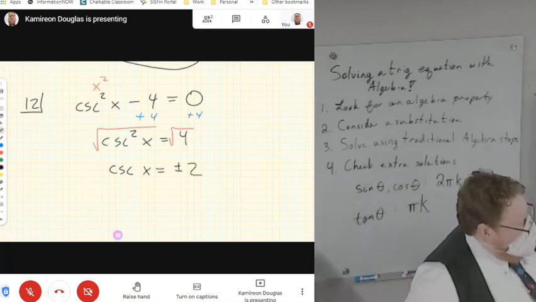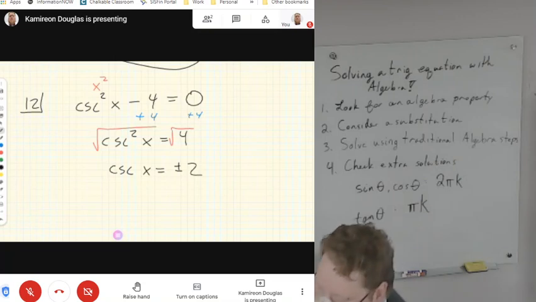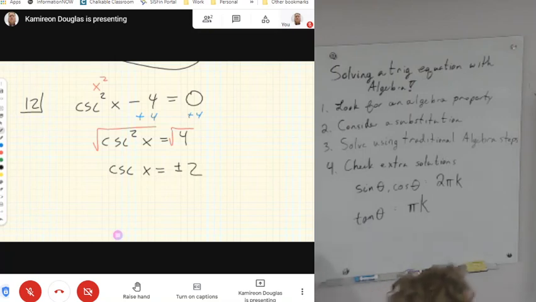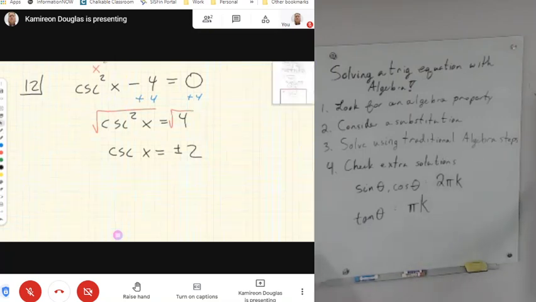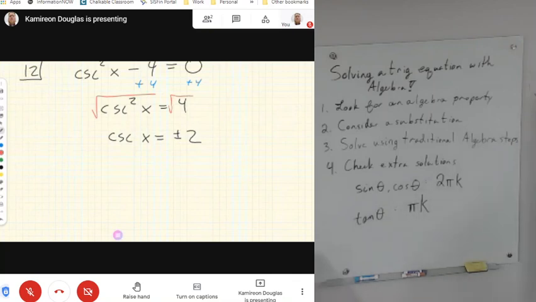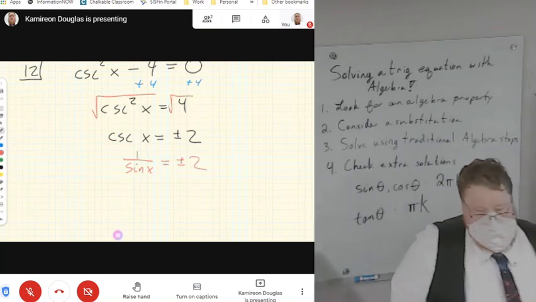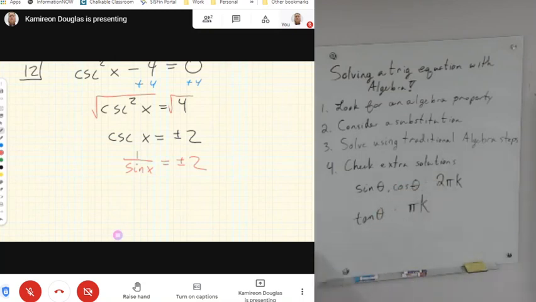Now this right here is really kind of a pain to do because we're not as comfortable with cosecants. So let's switch it into a sine. Cosecant, as a reminder, is 1 over sine. How does that help us?